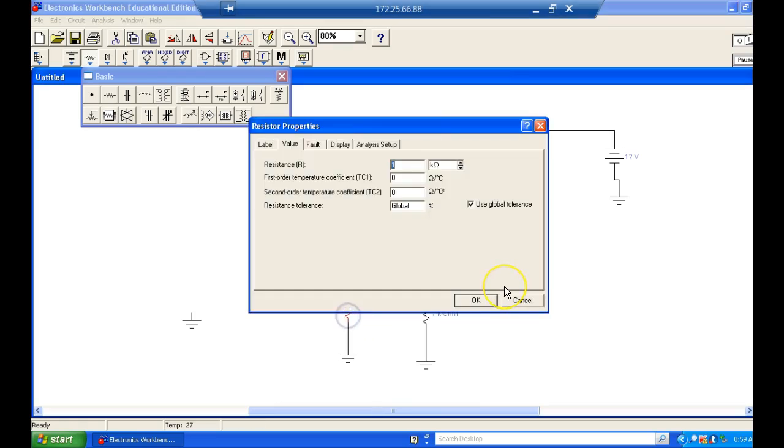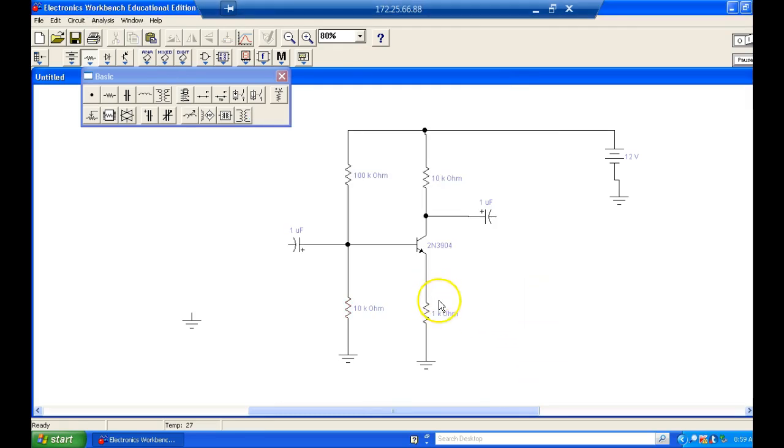And then this one right here is another 10K. Okay, so what should our bias voltages be? We're looking for VB, VC, VE, and VCE.